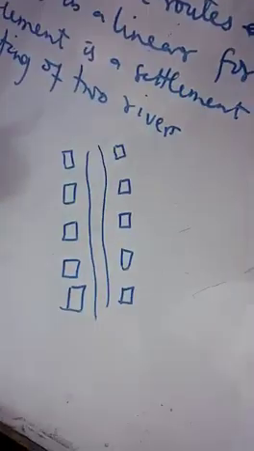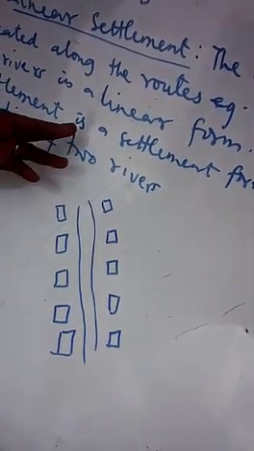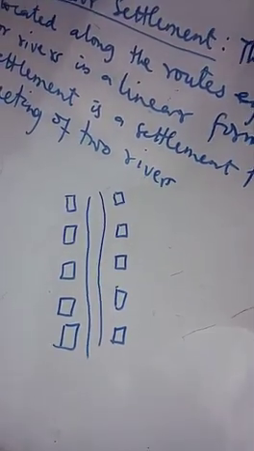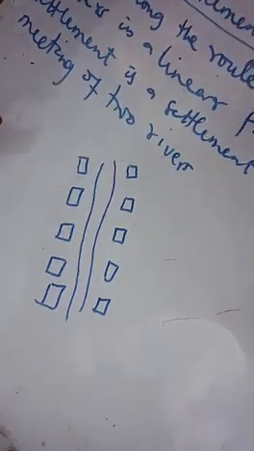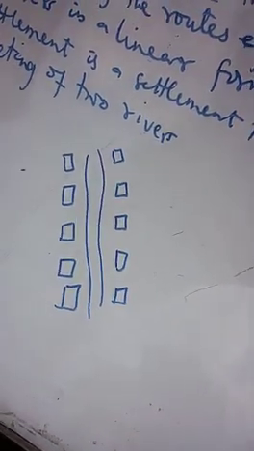Settlements that are connected and meet along the river are called confluence settlements. The diagram below shows a linear settlement in one line because of the presence of a road or railway. They are in linear form.